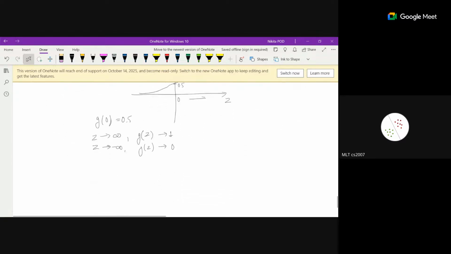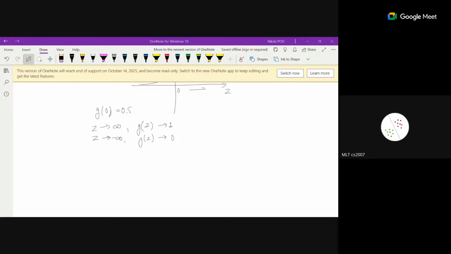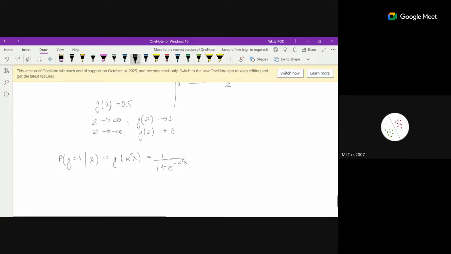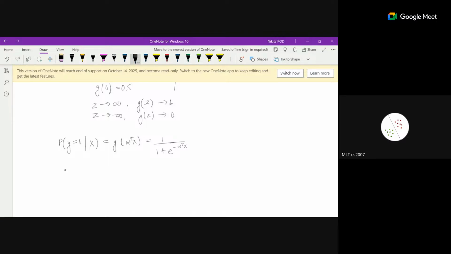So what are we trying to model here? The probability of Y to be 1 given X is nothing but g of W transpose X, which is equal to 1 upon 1 plus e to the power minus W transpose X. If I am given some X test and you have to find out what class it goes to, you find this probability, let's call it small p.